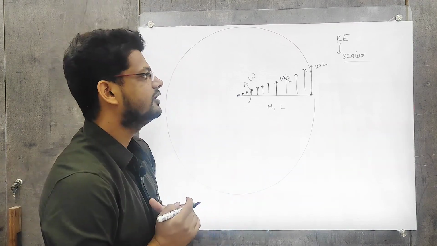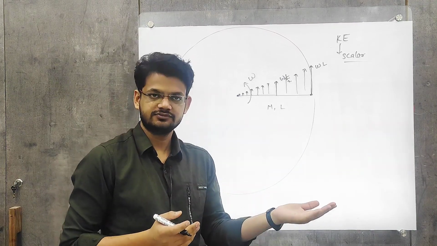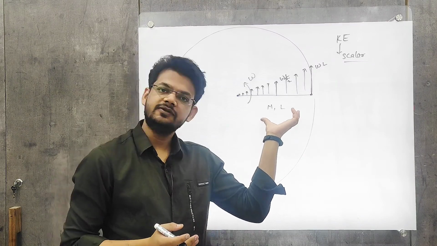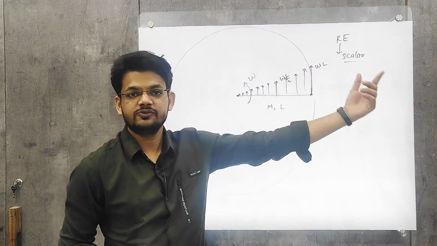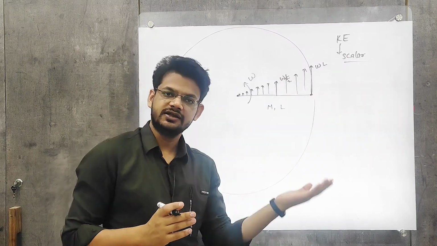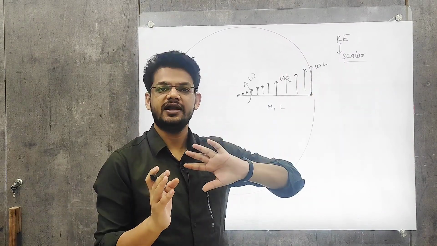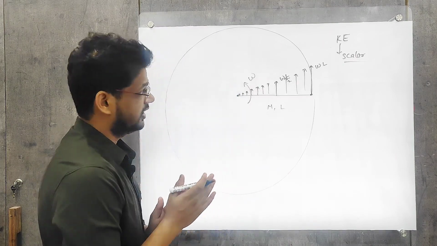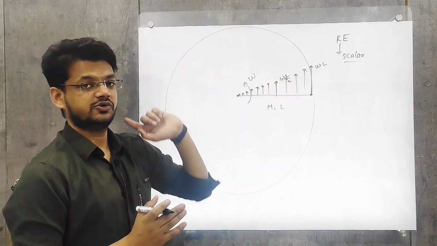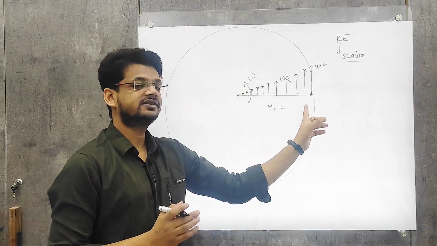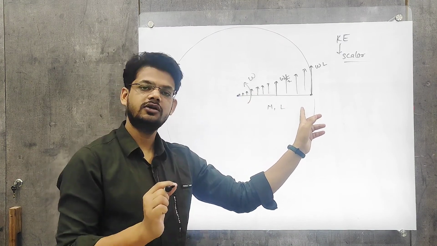So basically what will be involved? Integration, because the number of points is infinite. So rather than summing up those points, we will be doing integration. Why did I mention scalar quantity? Because it can be added directly. Kinetic energy is a scalar quantity, so the kinetic energy of all these points can be integrated or summated.